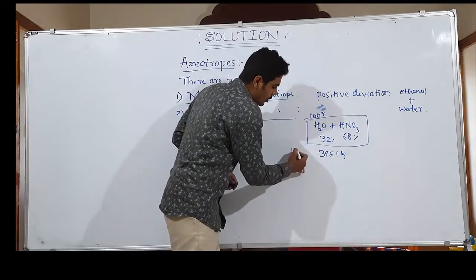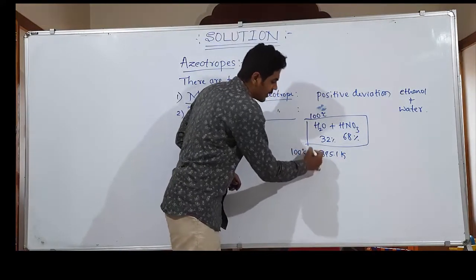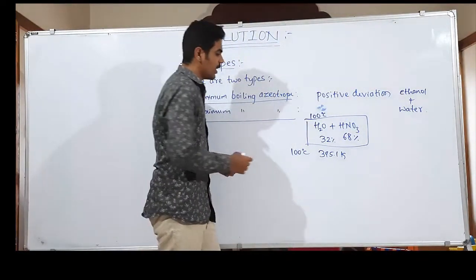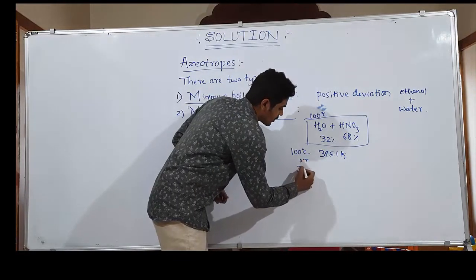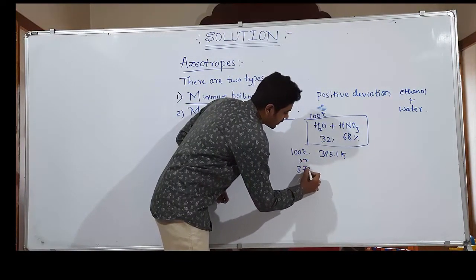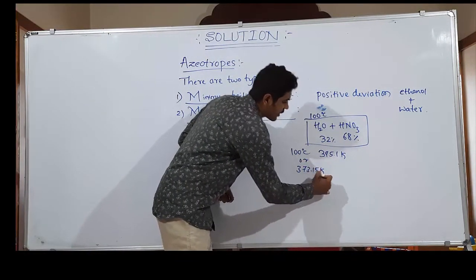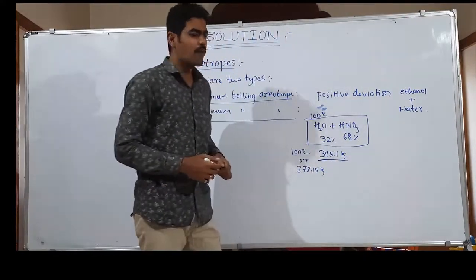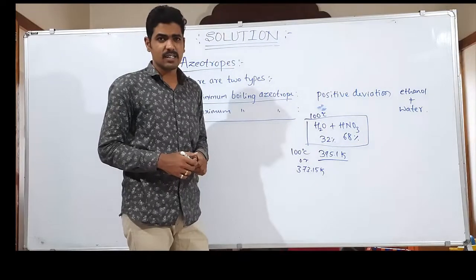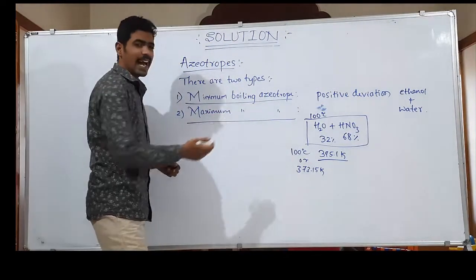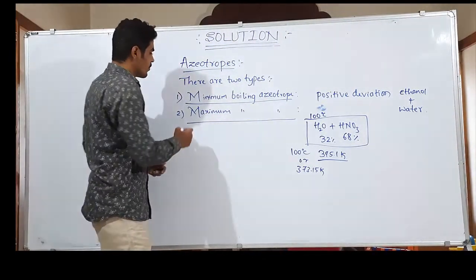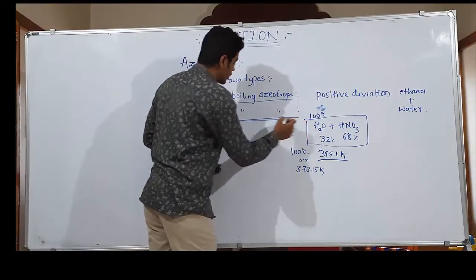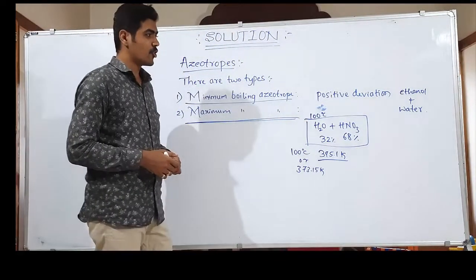That is obviously greater than 373.15 Kelvin, that is 100 degrees Celsius. So here the boiling point of the solution increases. So they will boil at maximum temperature and hence they are considered as maximum boiling azeotropes.